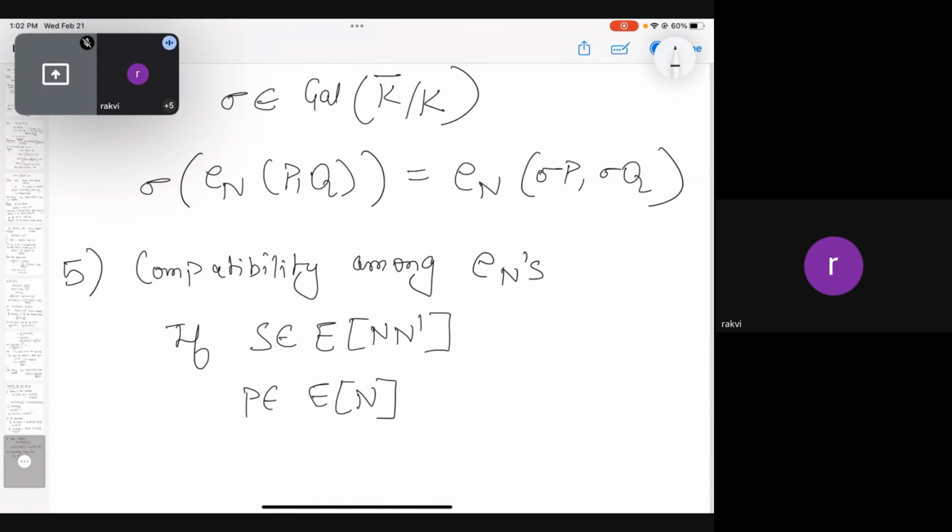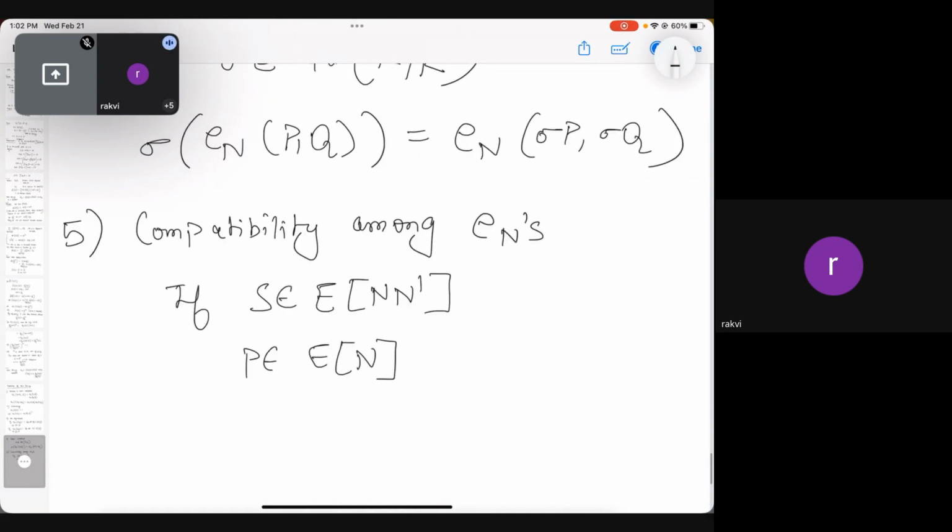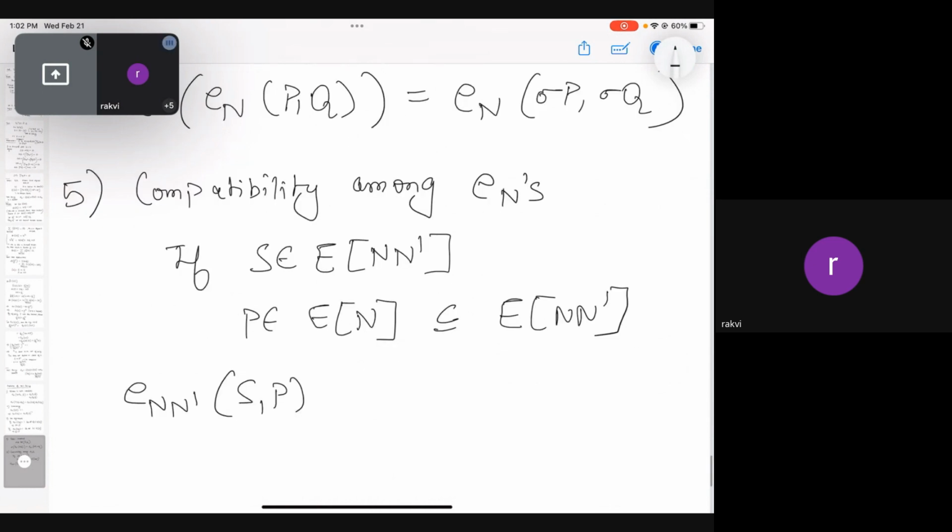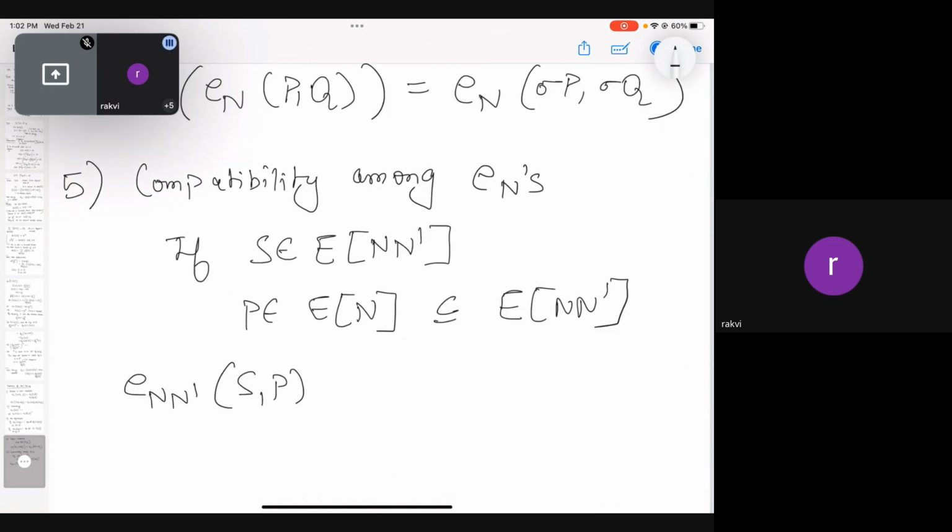I can also think of p as sitting inside the n times n prime torsion, because if I add it n times and I'm already getting 0, I can add it any multiple of times and I'll still get 0. So I can take the pairing on n times n prime of s comma p. And there should be some connection with En, because they are multiples after all. And this turns out to be true.